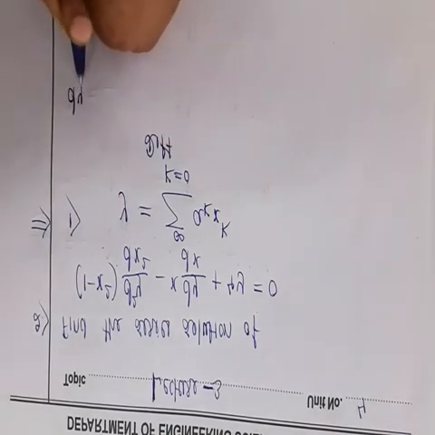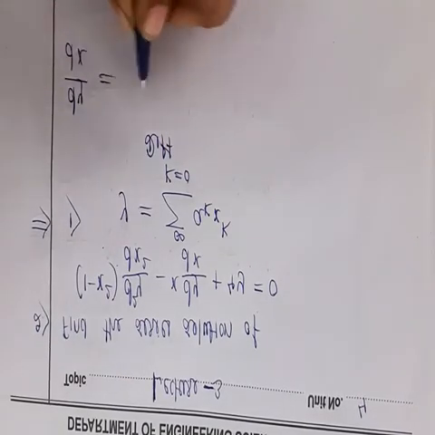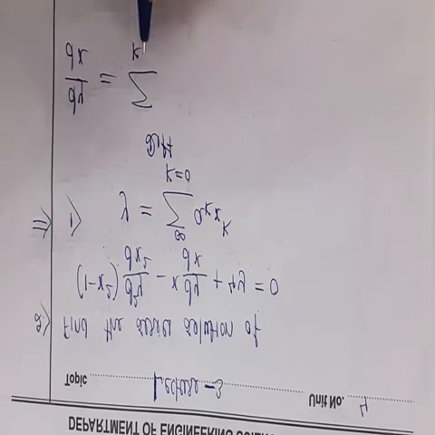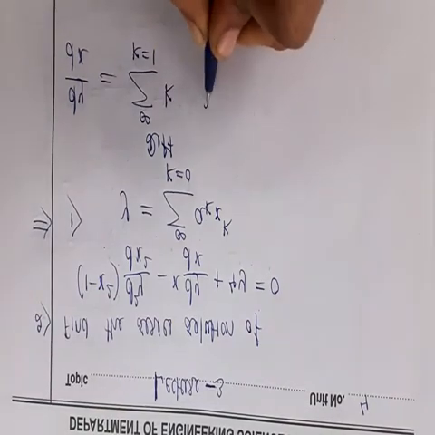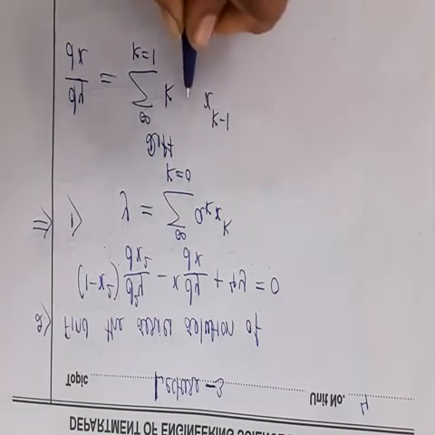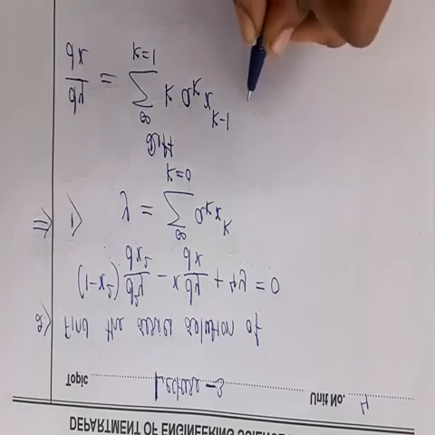Dy by dx is equal to summation, and for dy by dx the summation starts from k is equal to 1 to infinity. The derivative of x to the power k is k into x to the power k minus 1, and ak remains as it is.